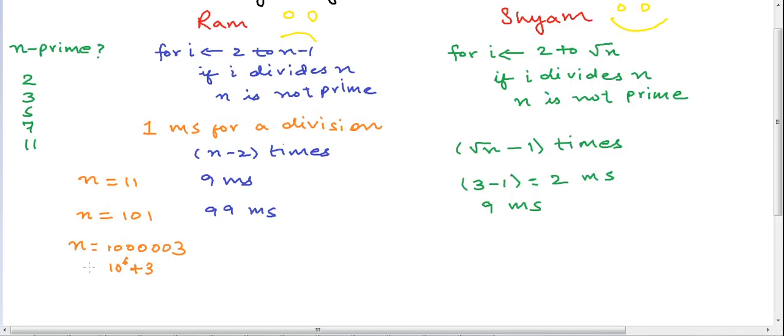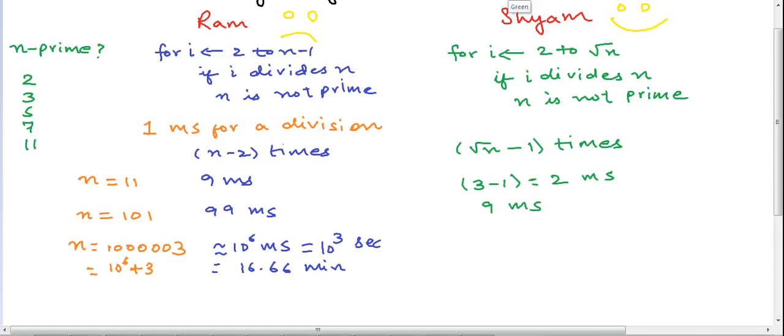Ram will take almost close to 10 to the power 6 milliseconds to solve this problem. And if you convert this to seconds, this is 10 to the power 3 seconds, or 16.66 minutes.